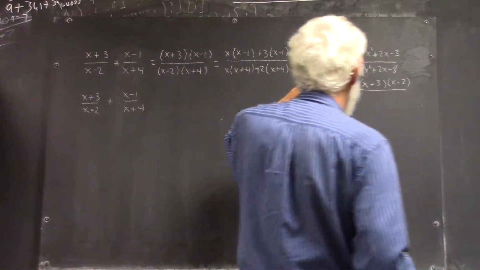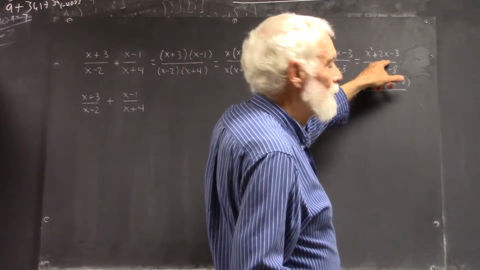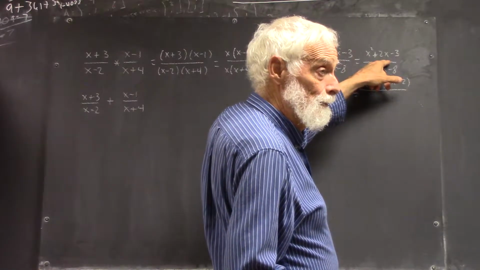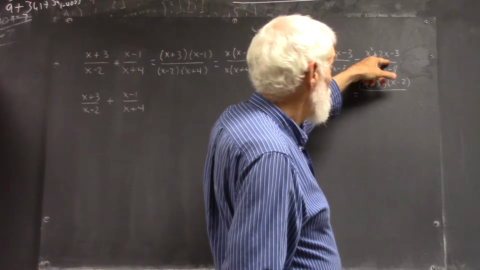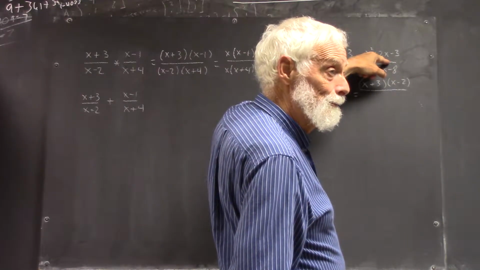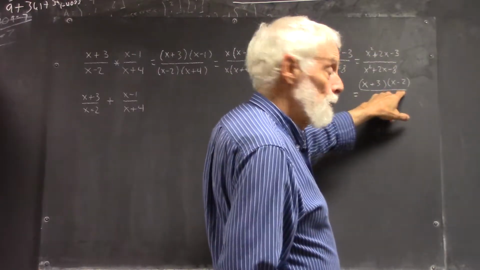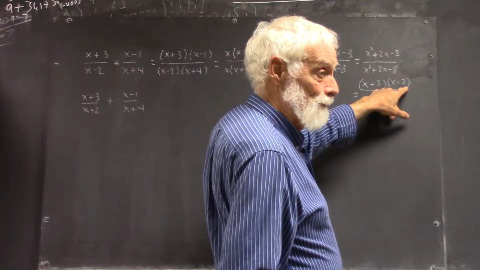Divided by what? Well, now, if I set this numerator equal to 0 and solve the equation using the quadratic formula, I'm going to get x equals negative 3 and x equals 2. Because this is 0 when x is negative 3 or x equals 2. Okay?